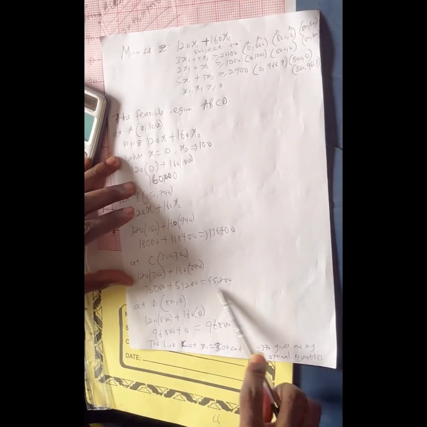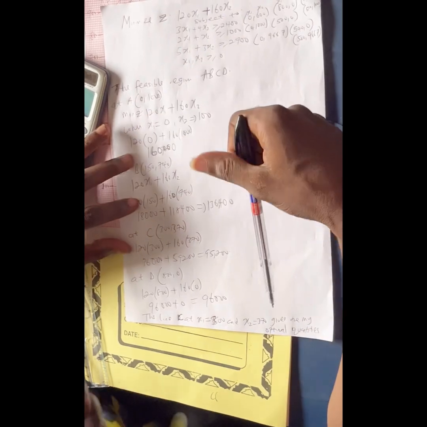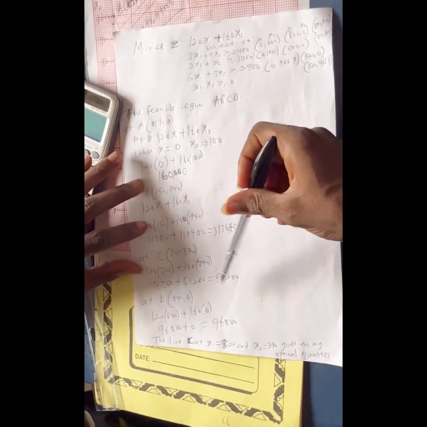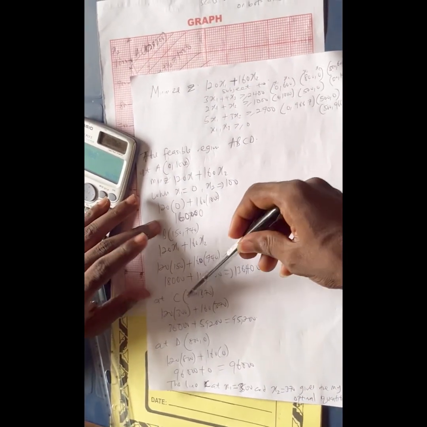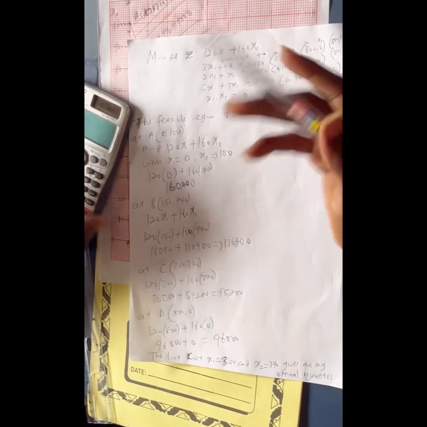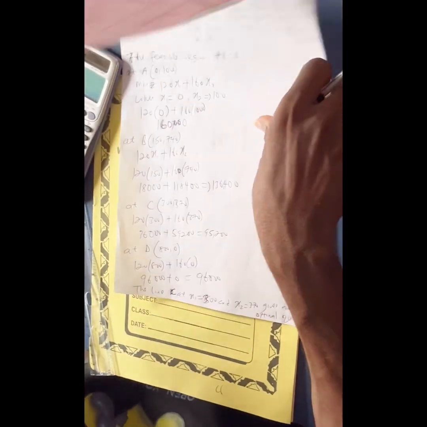That is my objective function, 95,200. So the optimal quantity is 95,200, which falls on C. So we have solved the solution.